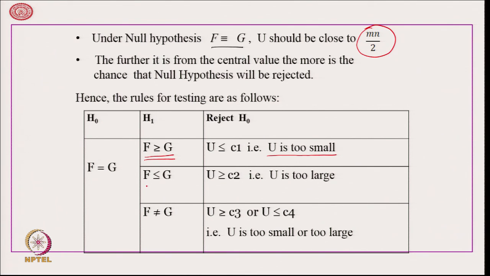Similarly, if the alternative is f is less than or equal to g, then we shall reject the null hypothesis if u is too large, that is u is greater than or equal to some critical value. On the other hand, if we have a two-sided alternative, then we should check whether u is too small or too large, that is it is greater than some threshold or less than some other critical value, and based on that we will be rejecting the null hypothesis.